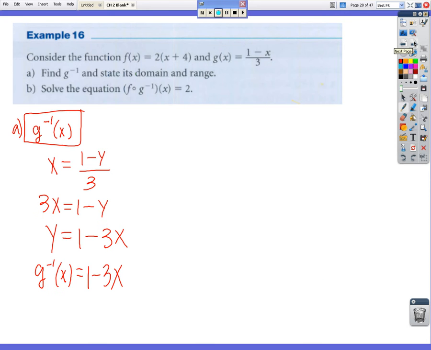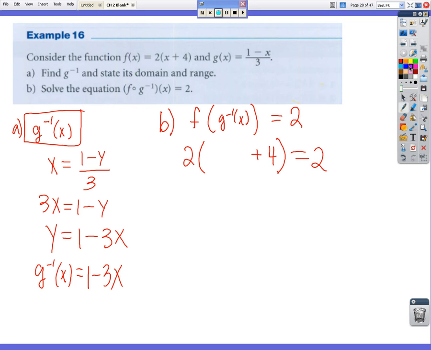All right, so now that I have that, I can do part B, which would be, in this case, let's see. Part B says f of G inverse of x equals 2. So the f function is 2x plus 4 and equals 2.